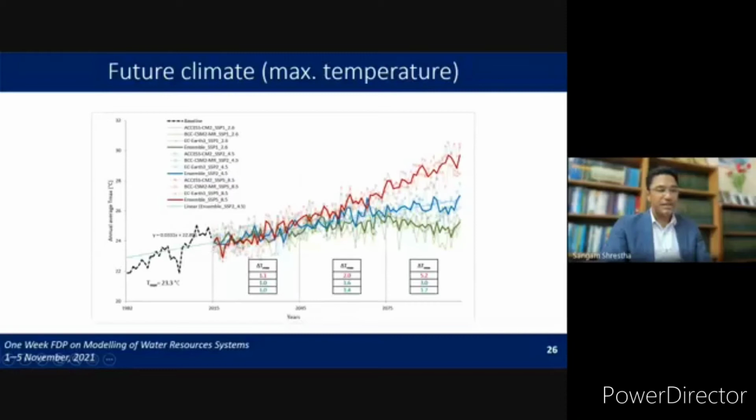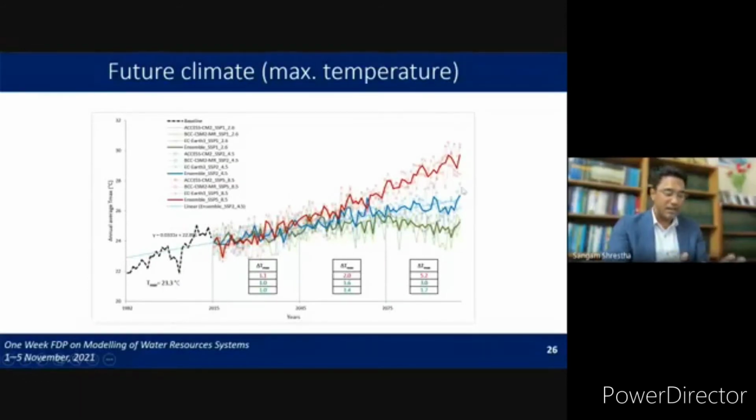And after this you can see several lines, and these lines are the temperature projected by 3 GCMs under different SSPs or shared socioeconomic pathways. Please just look at these bold lines: the green line is the ensemble of SSP1, the blue line is the ensemble of SSP2, and the red line is the ensemble of SSP5.